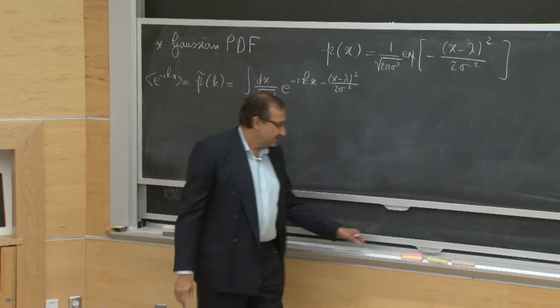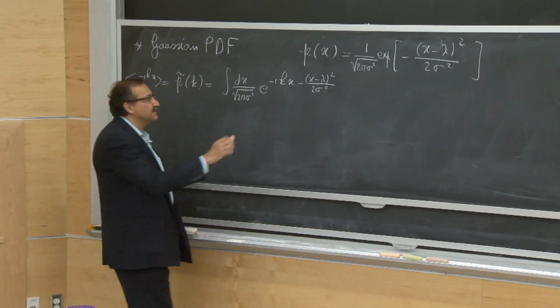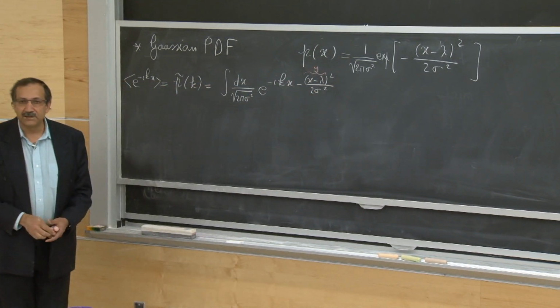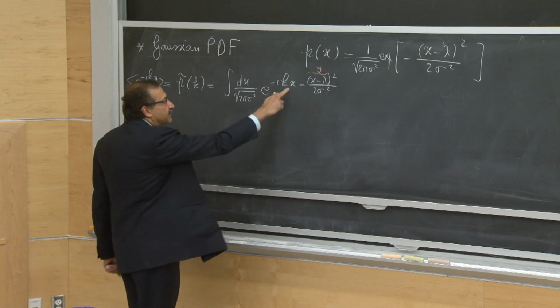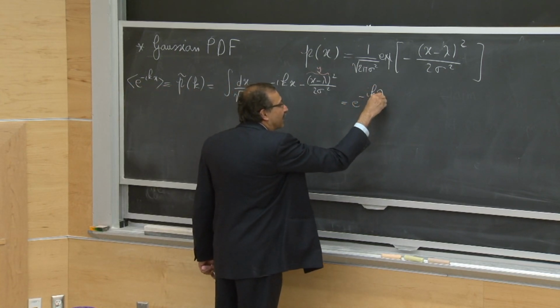And you should know what the answer to that is, but I will remind you we can change variables to x minus lambda being y. So from here, we will get a factor of e to the minus ik lambda.